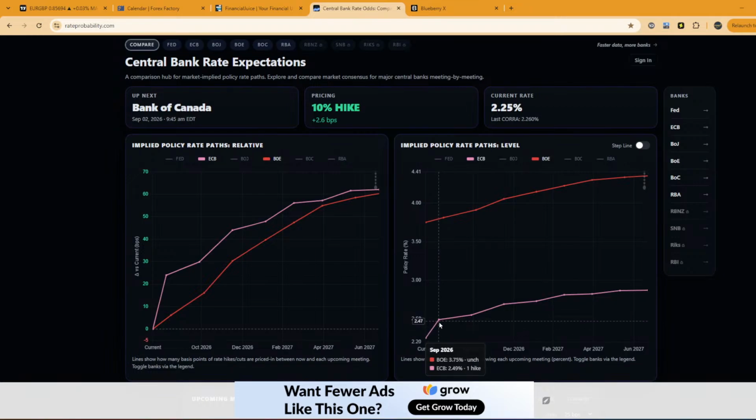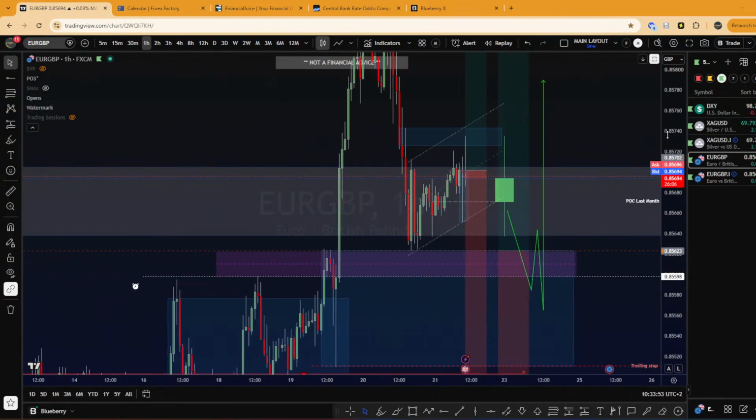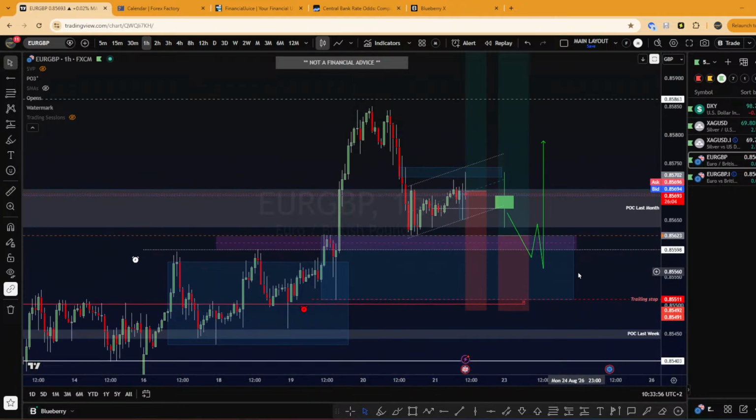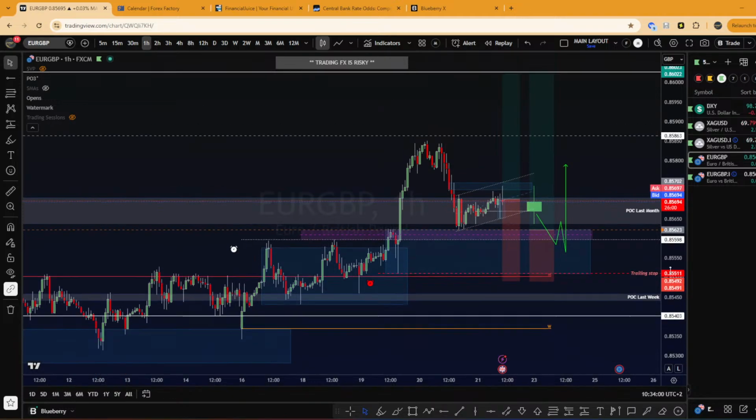I don't know. Yeah, you see, the Bank of England is less hawkish than the ECB. For me, fundamentally, Euro GBP, the euro is strong, so Euro GBP needs to move higher. That's why I'm thinking so.